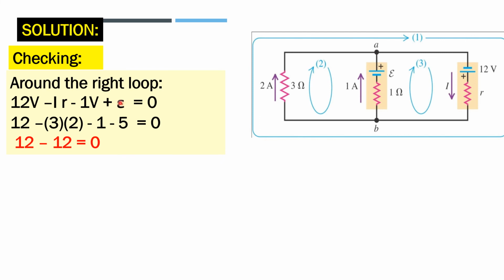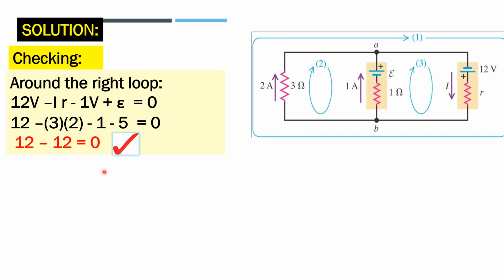So when we substitute the values for the current, the value for the resistance R, and the value for epsilon, this is what we get: 12 minus 3 times 2 minus 1 minus 5. Is this equal to 0? Yes, it is. So we say that our equation 1, based on using the right loop, is indeed correct.